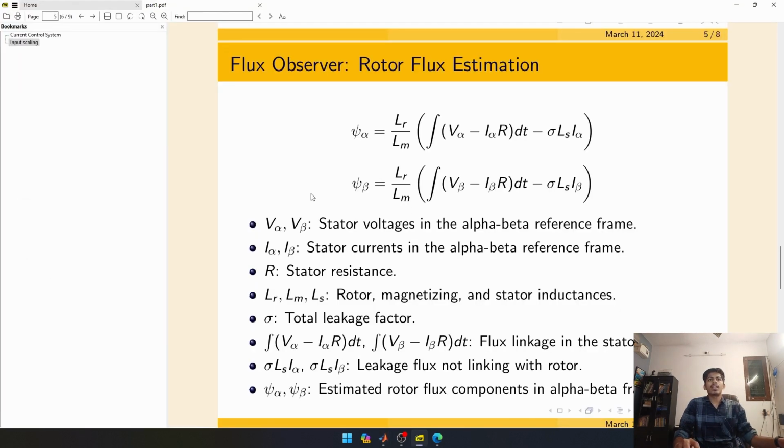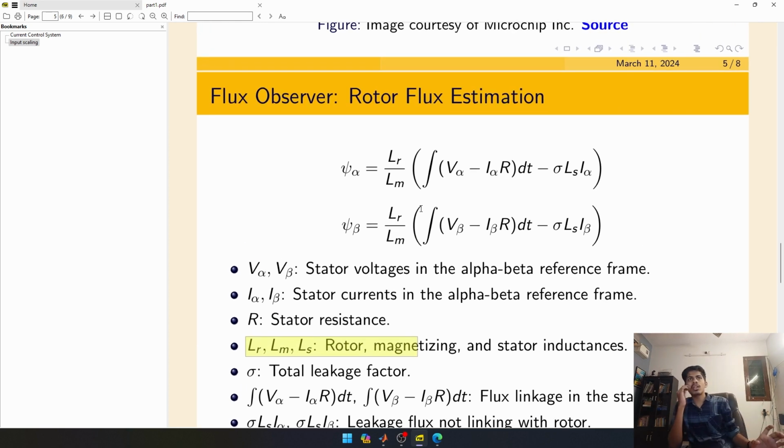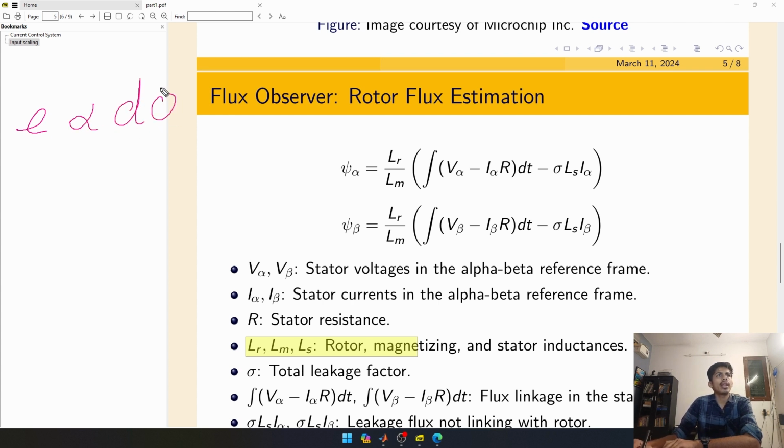V alpha, V beta, I alpha, I beta are the things we are giving. R is the stator resistance. All these we are giving. So let's understand this equation intuitively. We know from Faraday's law that the EMF induced in a system is proportional to the rate of change of flux linking through it.